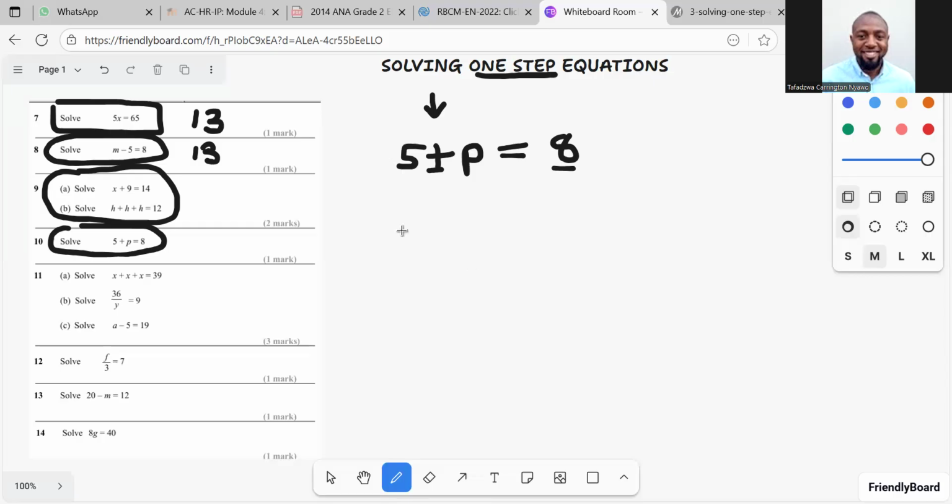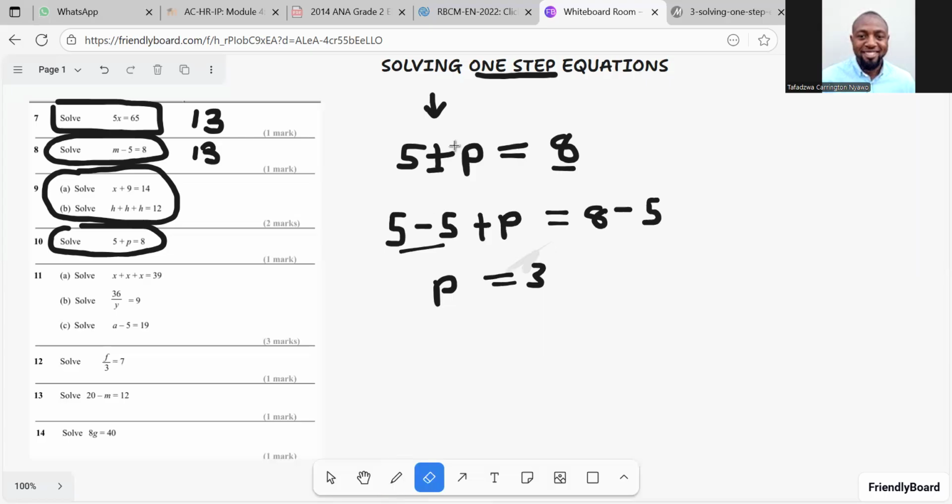So I'll say 5 minus 5, then plus p. Then I also do the same on the right side, minus 5. So this will give me 0. Then I'm left with p is equal to 3. See, still got the same answer.